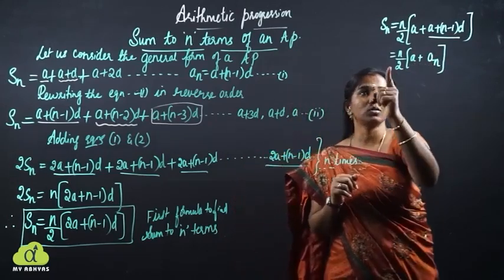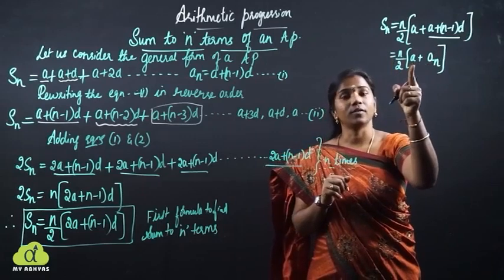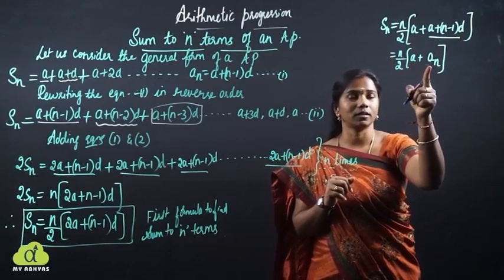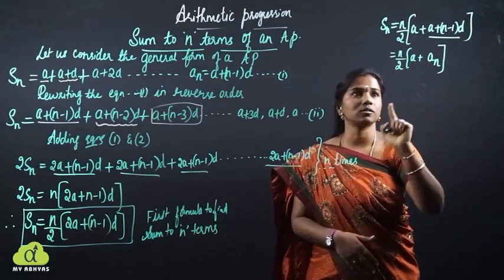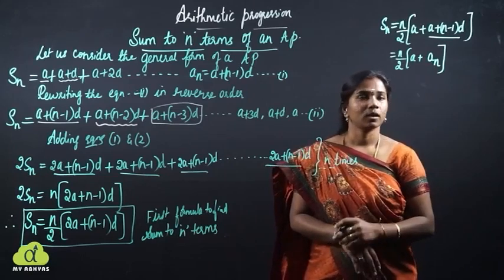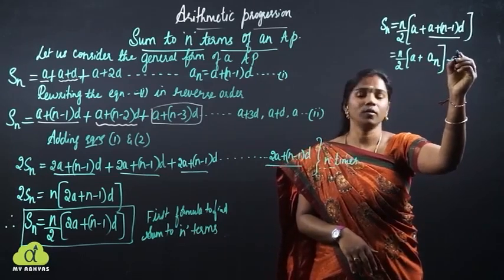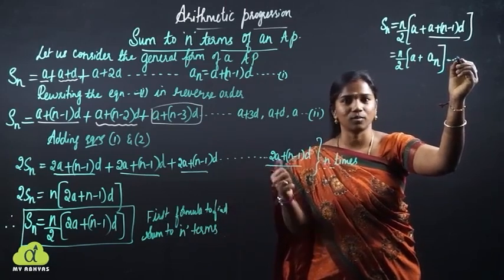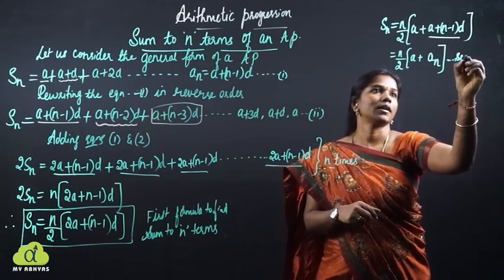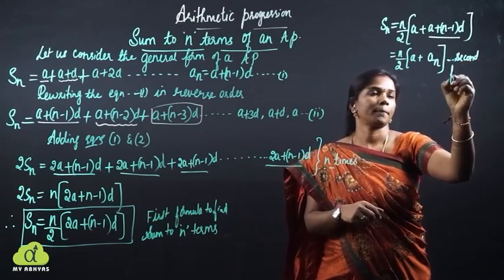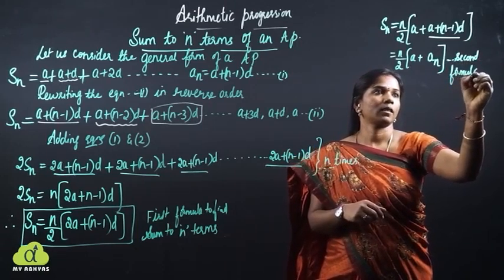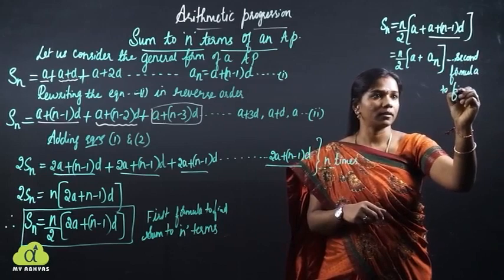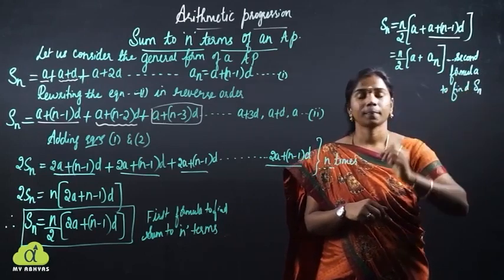So this is also one more formula. Suppose you know the number of terms, the first term and the nth term, we can use this formula. So this is the second formula to find Sn. Fine.